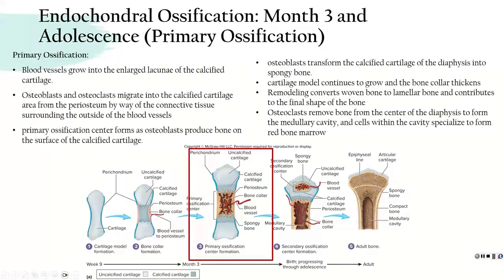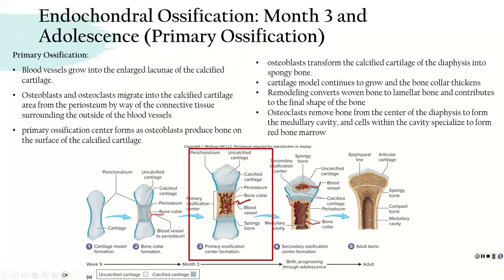Then from week 3 on through adolescence, we have what's called the primary ossification, where osteoblasts and osteocytes migrate to produce proper calcified bone, as well as proper ossification centers, kind of like where you see that bone marrow here.